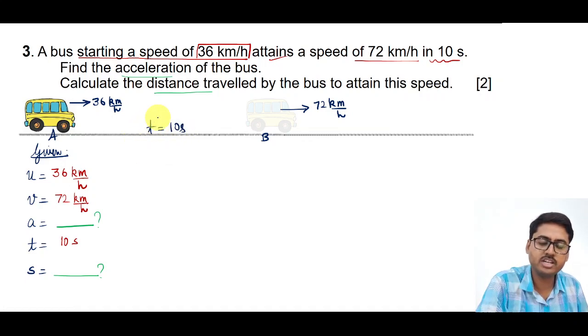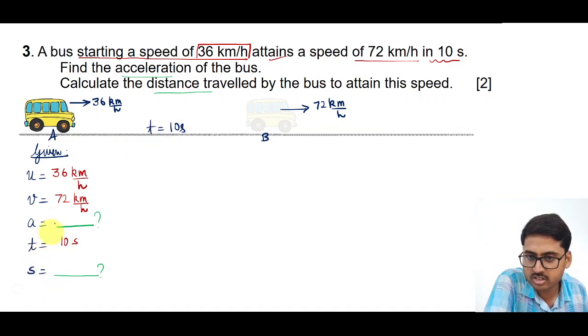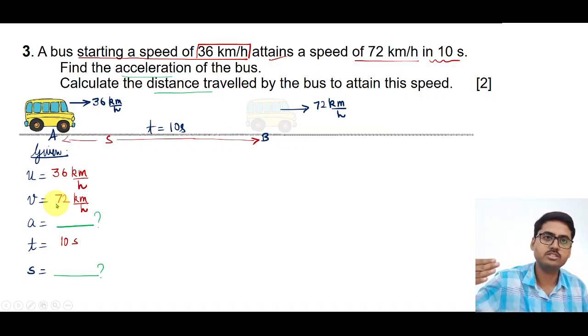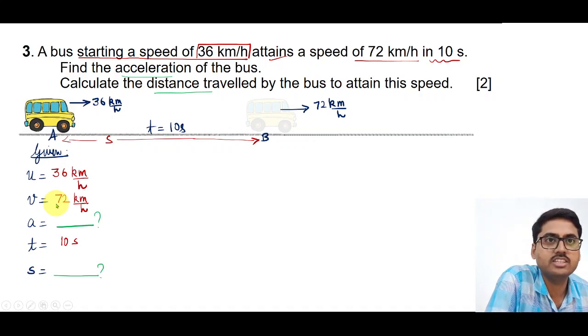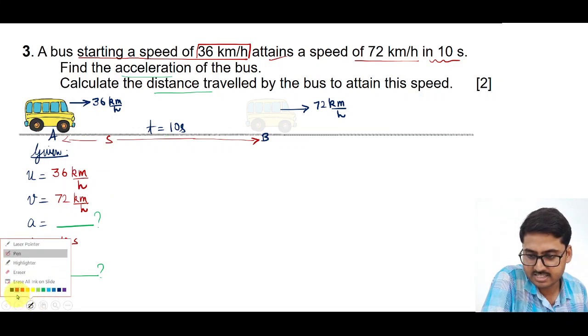So I am also representing the information in form of a diagram, and we are asked to calculate the acceleration while the bus is going from A to B, and also we are supposed to calculate the distance and displacement. In this case, distance and displacement is same because the bus is going in a straight line or a horizontal road without changing the direction. So in this case, distance and displacement is same.